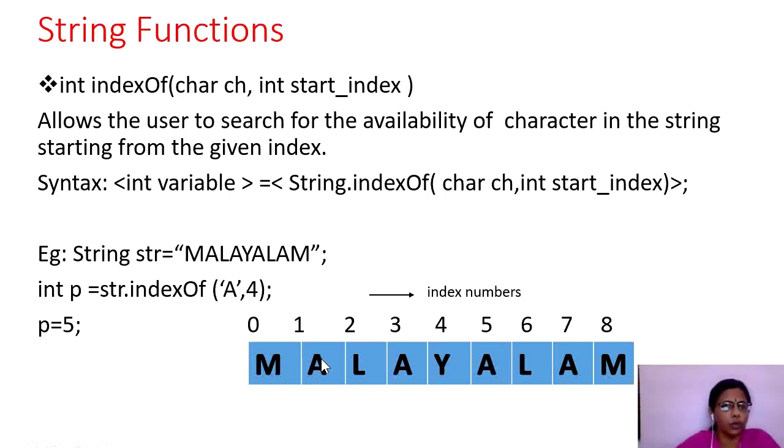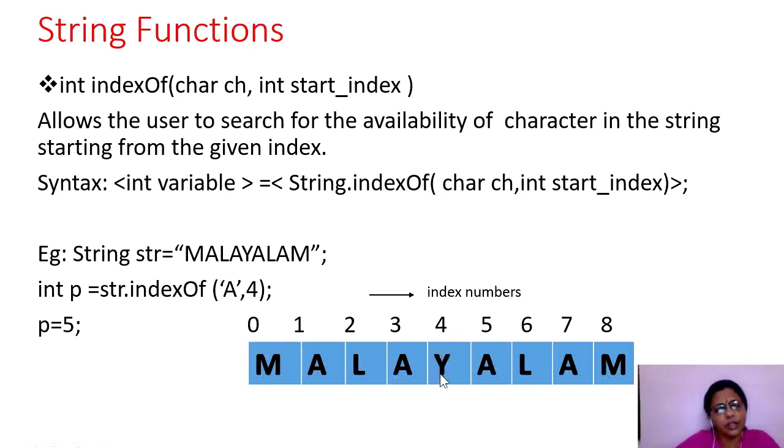But this is not what I want. What I am going to do is see the index number of capital A from a different position. I don't want it to start from the 0th position, but I want to start from the 4th position. From index number 4, I want to start searching. So where is my index number 4? It is here.